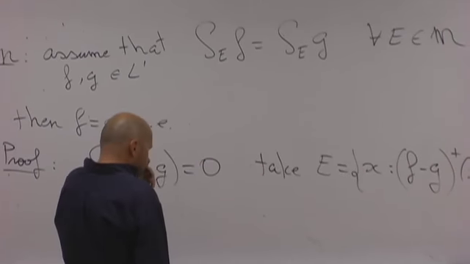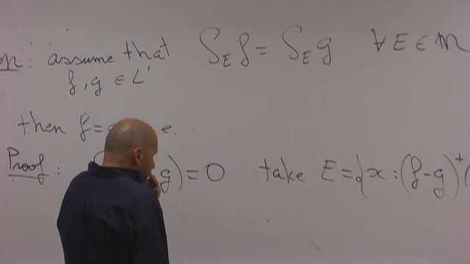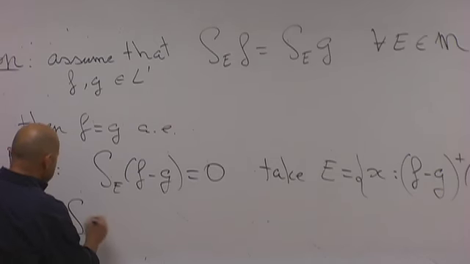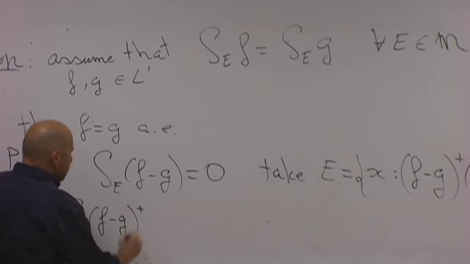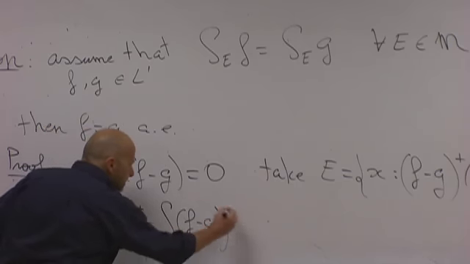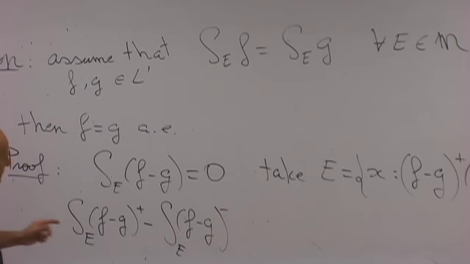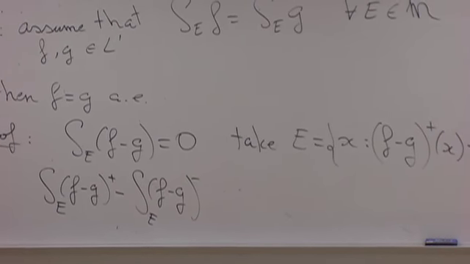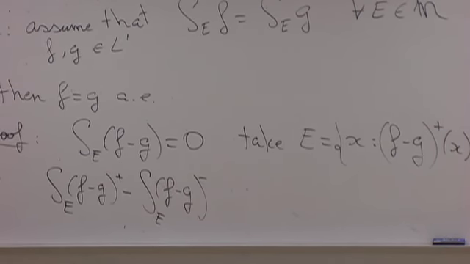Now, we know this is 0. And what do we know? So, okay. Yeah, the other thing that we should... Okay. So if we do that, this by definition is f minus g plus on E minus f minus g minus on E. Now, what is f minus g minus on E? What's this equal to? What's f minus when f plus is positive? 0.